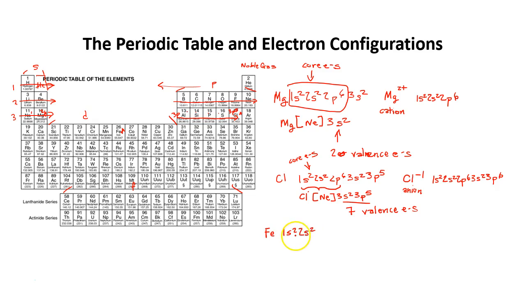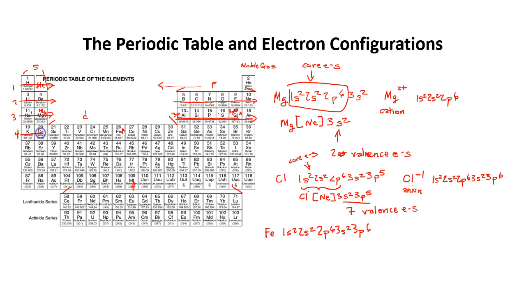So we're going to go through the 1s, the 2s, 2p. We're going to go through 2p, so that's 2p6. And then we're going to go through 3s, so that's 3s2. And then we're going to go through 3p, all right? So that's going to be 3p6.